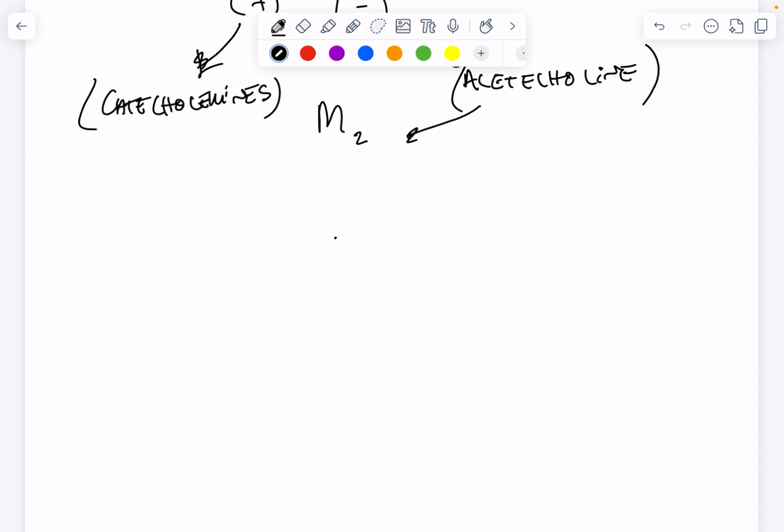What that's going to do is there are 3 routes. The muscarinic receptors are going to activate a beta gamma heterodimer and an alpha subunit.